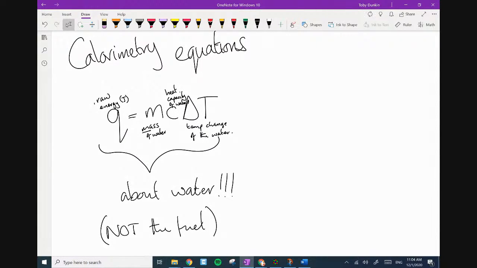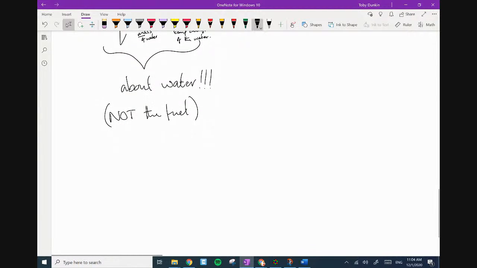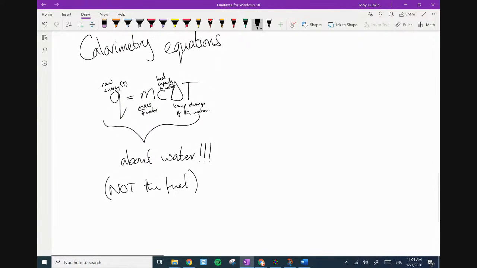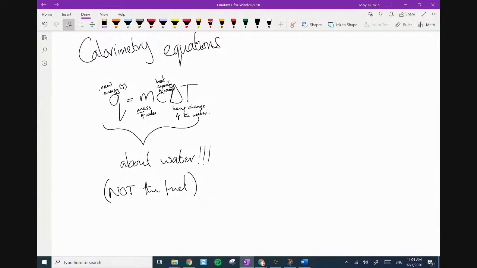Now, can I just tell you something here for a minute, which is something you definitely weren't taught at GCSE. There is another version of this equation, which they call the overall heat capacity.